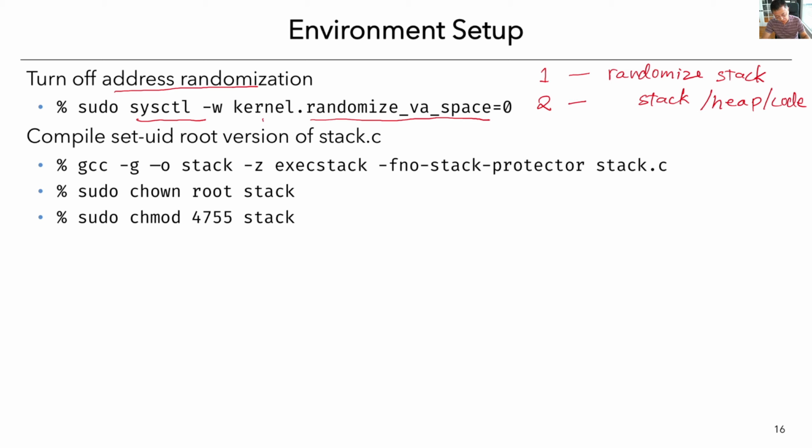Then we're going to compile the vulnerable program called stack.c. Use gcc -g, which is the debug flag, so you enable the debugging information. Then -o, the output, to be stack. -z execstack means that the stack is executable.